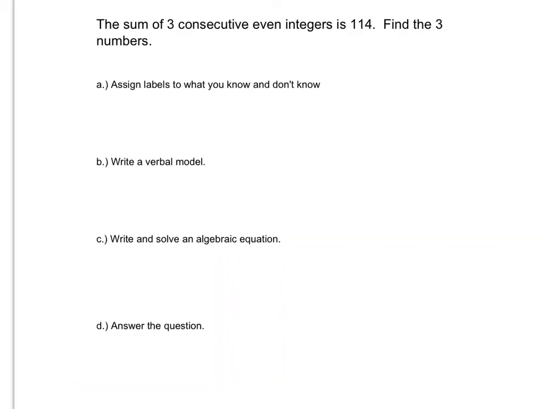Okay, so next problem. The sum of 3 consecutive even integers is 114. Find the 3 numbers. Okay, so circle what we know. We know we got 3 consecutive even integers, and we know that their sum is 114. What we don't know is to find the 3 numbers, find out what they are.